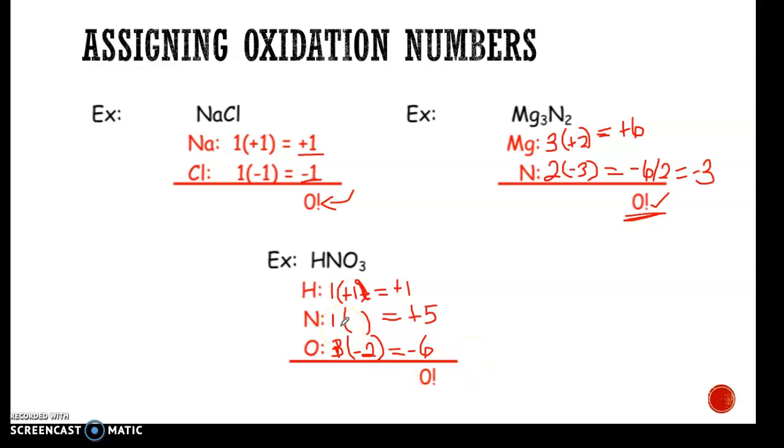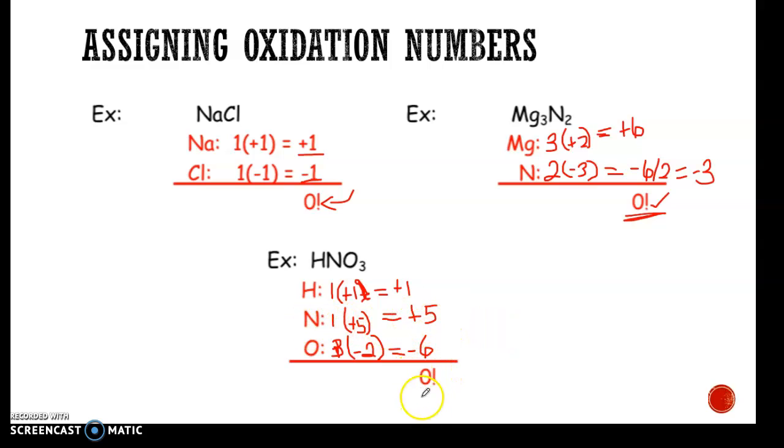So we need to look and see, does nitrogen have a +5 in its list of oxidation states? Once again, nitrogen's oxidation states are -3, -2, -1, +1, +2, +3, +4, and +5. Because it does have a +5, that means nitrogen's individual oxidation state is +5, and its total oxidation state for nitrogen is +5.